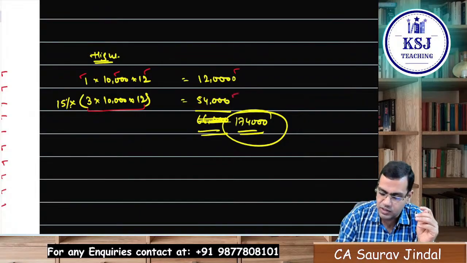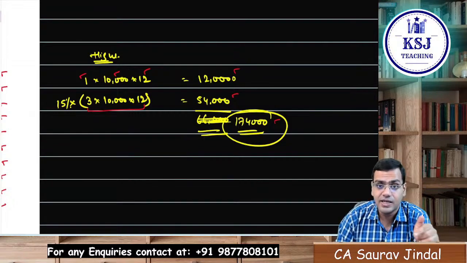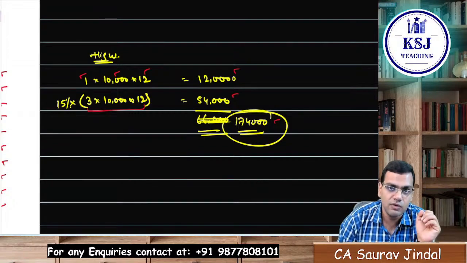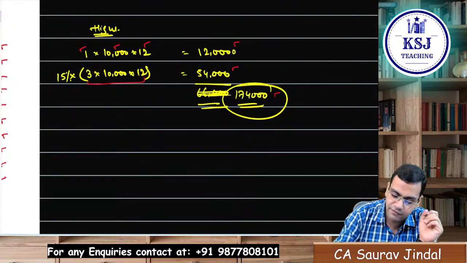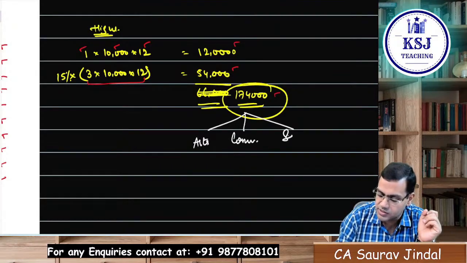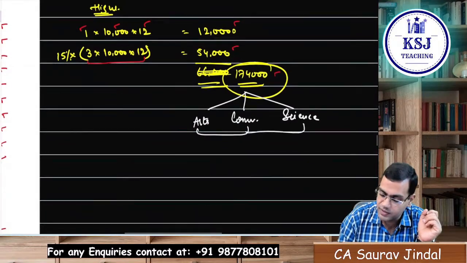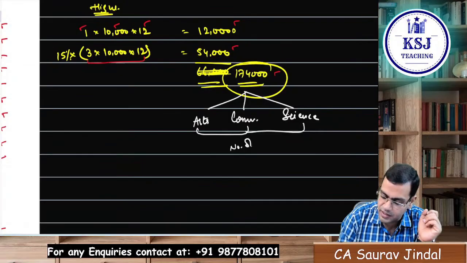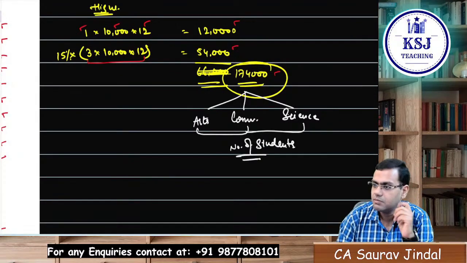That is 54,000. So the total cost of peon for the higher secondary section is 1,74,000. This 1,74,000 is then to be distributed between arts, commerce and science. In which ratio will you distribute it? You will distribute it in the ratio of number of students. Clear, Pritam?